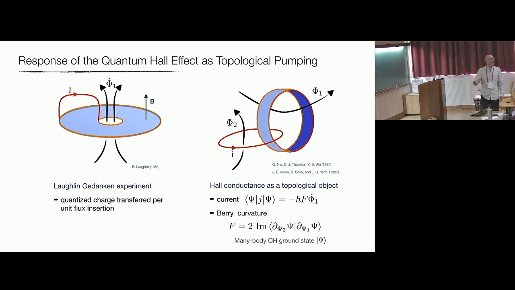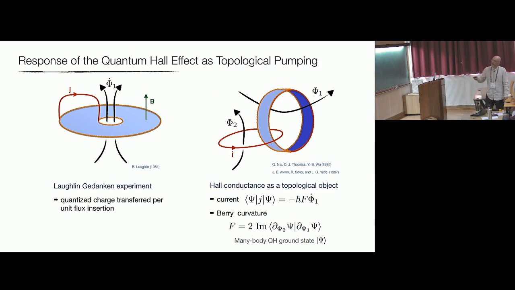As this magnetic flux increases, a current occurs, and that's a very general argument that was then generalized by Thouless and coworkers in a more mathematical framework. Instead of looking at this Corbino geometry, I wrap the sample on a cylinder, which is topologically the same. And now the flux that was threading the Corbino geometry is a flux going through the cylinder.